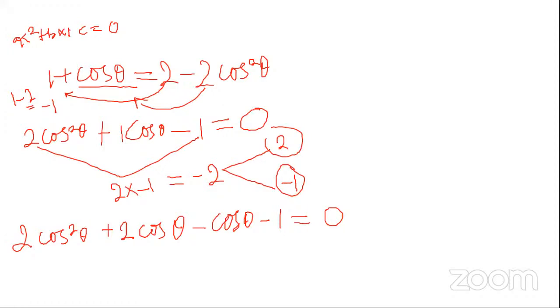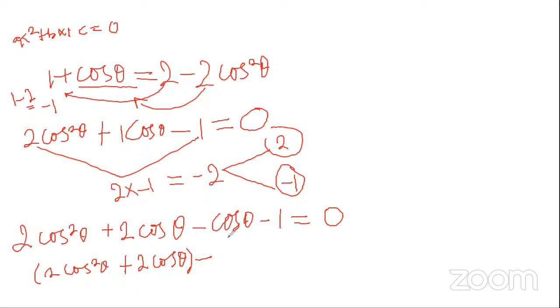Then what would be next? In the steps of solving a quadratic equation, we factorize out the common factors. But before we do that, don't we need to do some grouping? So we can group 2 cos squared theta plus 2 cos theta.